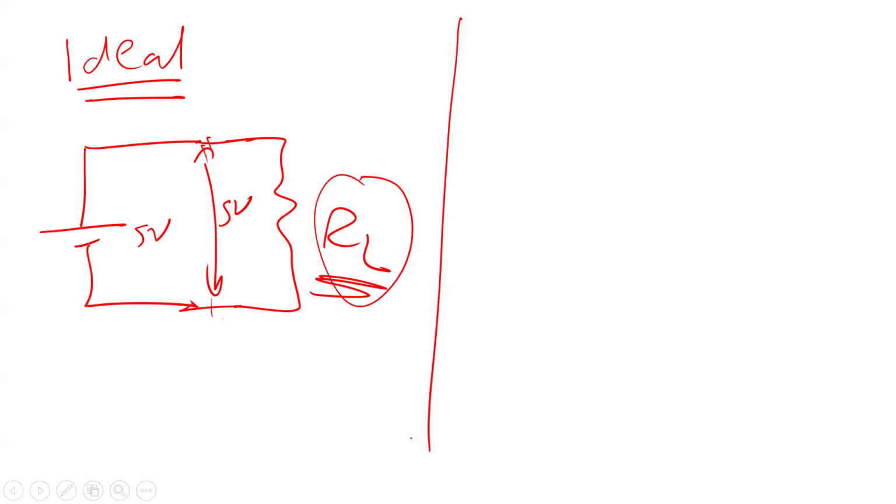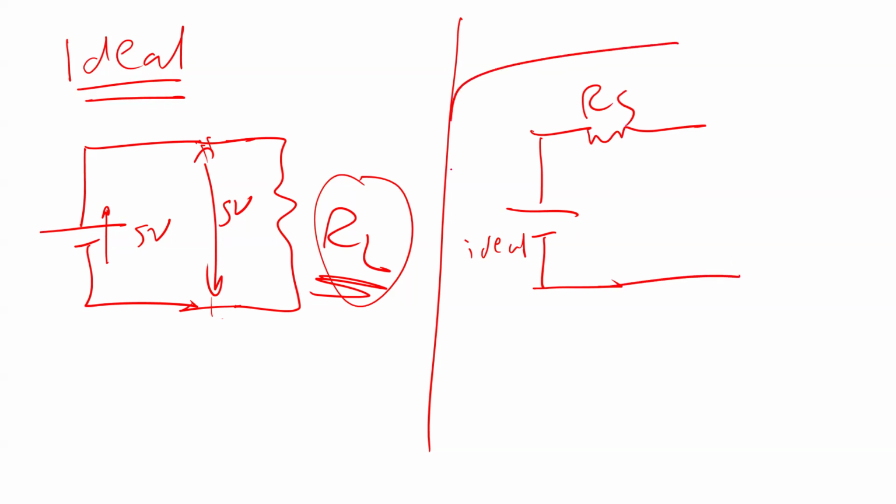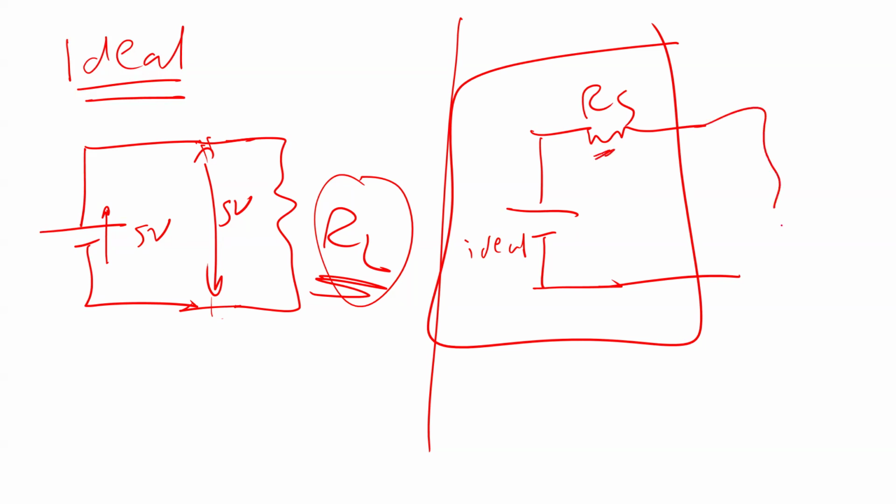In reality, it is not like that, because the current inside the battery itself is receiving some resistance, right? So in reality, the battery should be something like this. This is the ideal one, and then we have a small resistance here, and this is the battery. When we model the battery, you have to take into account that there is a series resistance this way, and then we have RL here.